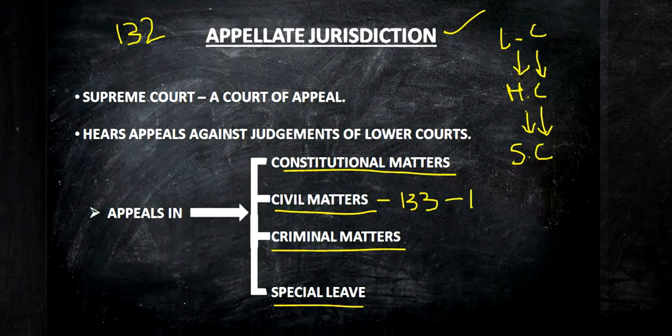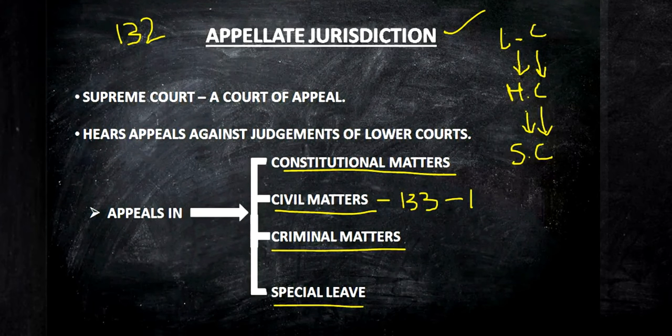But again that case has been appealed in the High Court and now the High Court has reversed the judgment of the lower court. And now the High Court is saying that that particular accused person is a criminal and he has been awarded the death sentence by the High Court. Then in such a case, this particular case can be appealed in the Supreme Court.